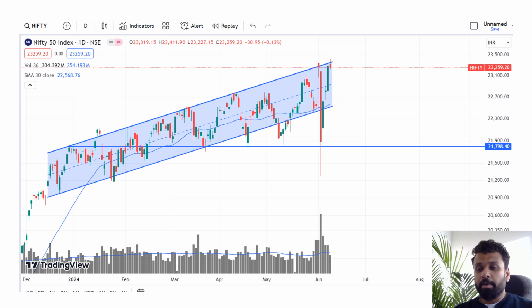So there you can see that in the parallel channel, it is reversing at the top, but the volumes are very low, there are no volumes there. Usually when you see a reversal without any volumes, that reversal is not that strong. Probably another day of a little pullback can happen, and then we should move up again, unless tomorrow we see very high volumes coming in. If that happens, then chances are we might go down even further. But if there are no volumes at the top, then it might be that small selling that usually comes in when something hits a new top. After that the market should again start moving higher.